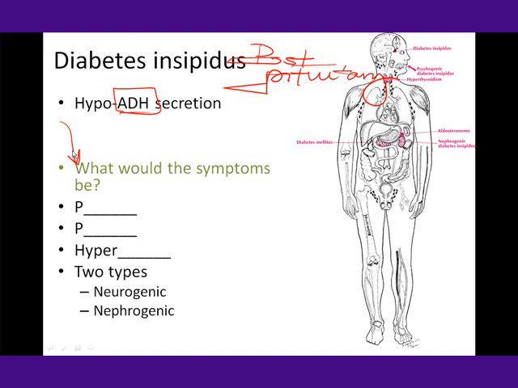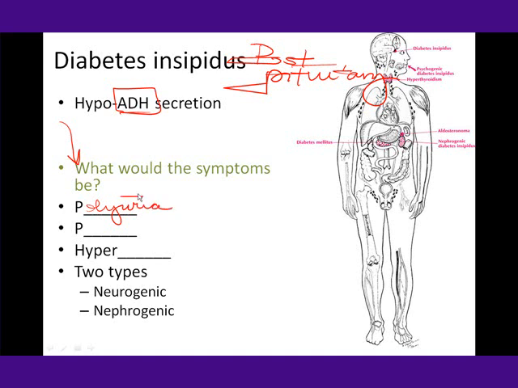If you think about it, antidiuretic hormone's main job is to direct the kidneys to retain water. So if I am not manufacturing substantial amounts of ADH, obviously I'm going to lose water very readily in the form of urine. So I'm going to get something called polyuria.